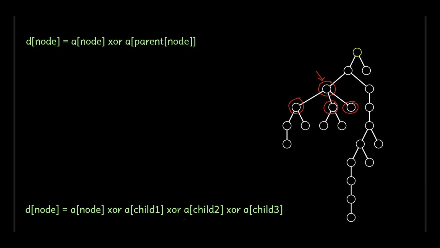Now, why would this remain an invariant? Let's see. So this time again, let's track this particular path. Suppose this is the downward path that we have chosen, and prove to me why this D of node, wherein for each node you define D as the XOR of this node as well as the XOR of all the children that it has available, will remain invariant except for the edges that cross the boundary.